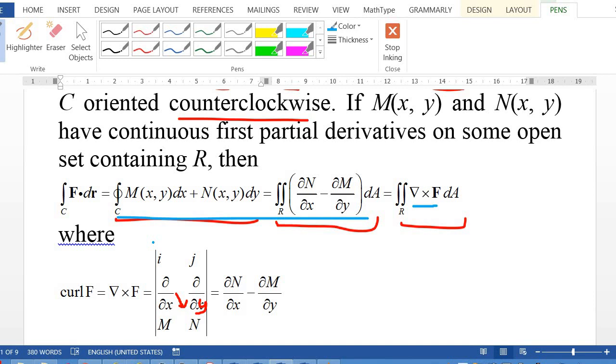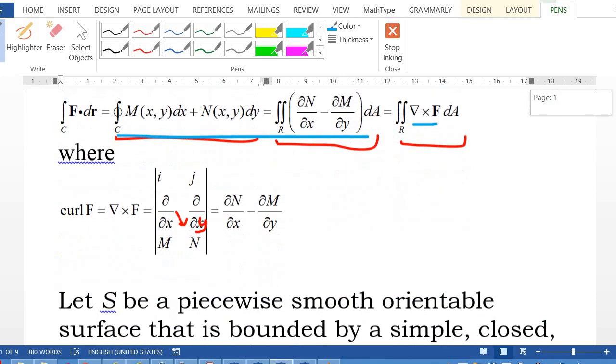Instead of evaluating the line integral 4 times along the rectangle, which is closed and anticlockwise, it forms a region R. Then you can evaluate the double integral of ∂N/∂x minus ∂M/∂y, which is the curl of F, dA, because the curve C is 2D.